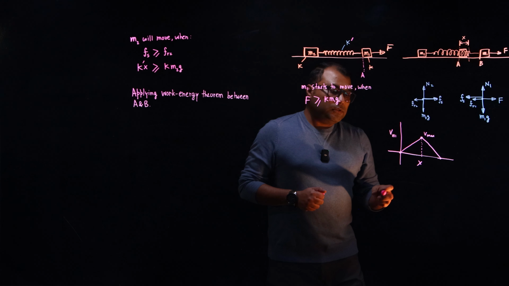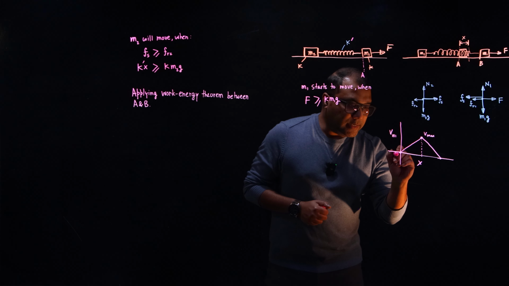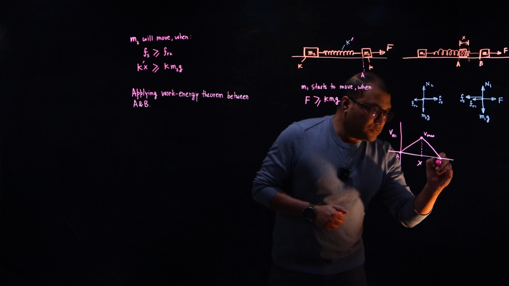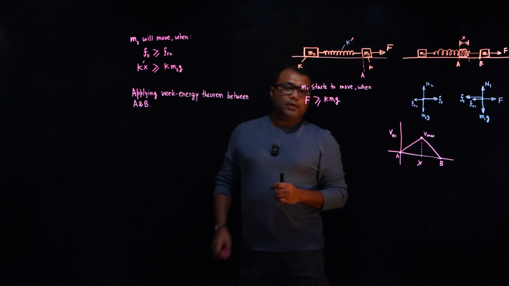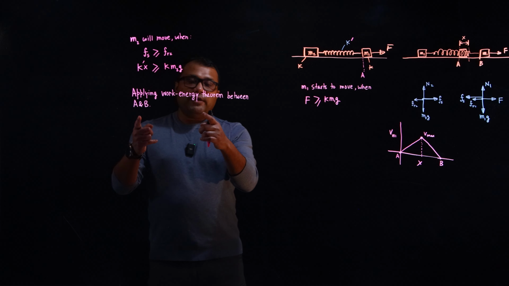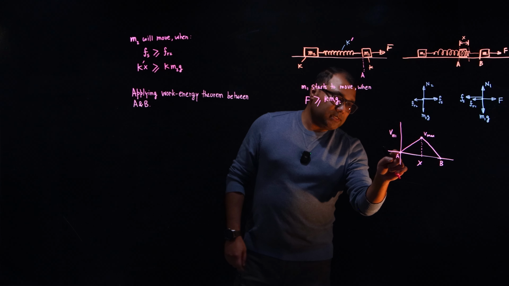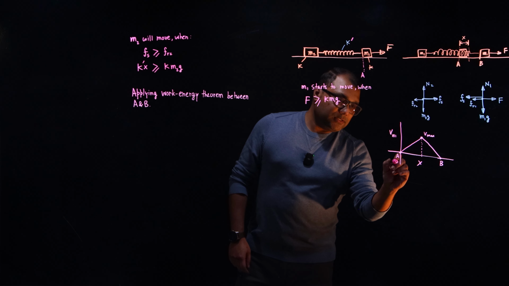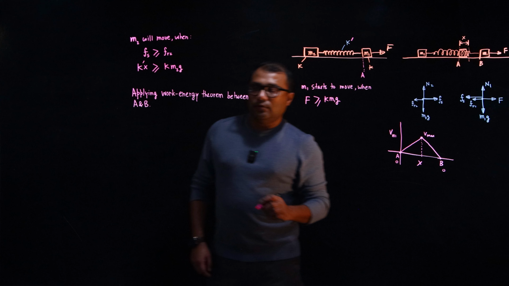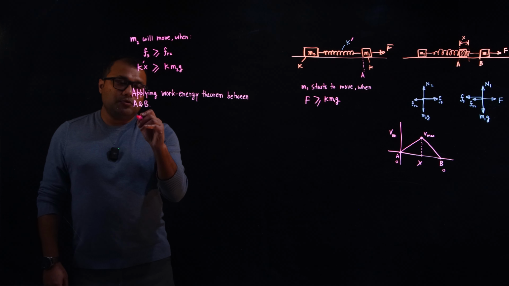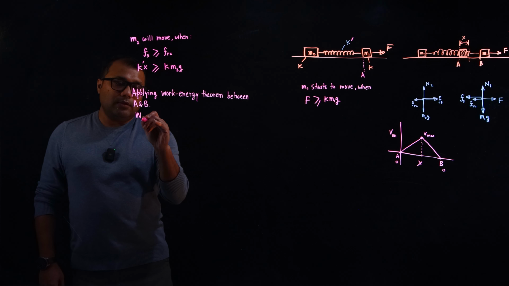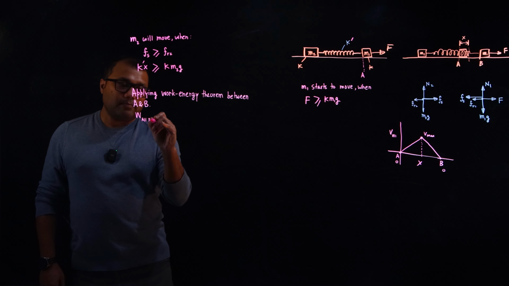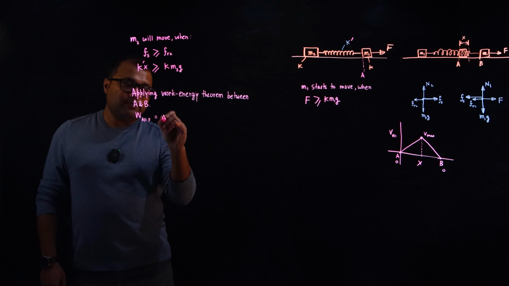So the initial state, if this was A, this was B, the state. Okay, so now we can apply the work energy theorem, because at A velocity is 0, at B also velocity is 0. So between those two states, work done by all the forces is equal to the change of kinetic energy.